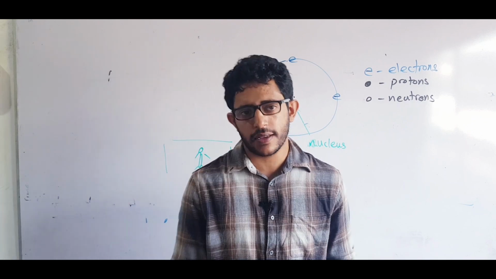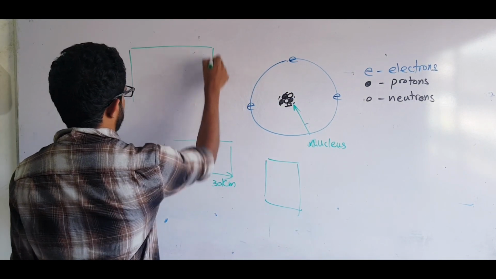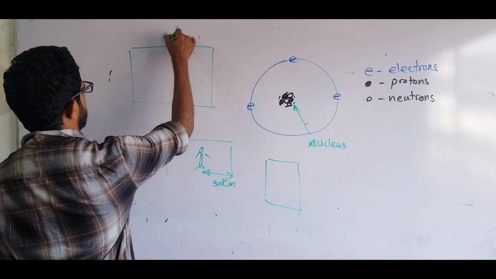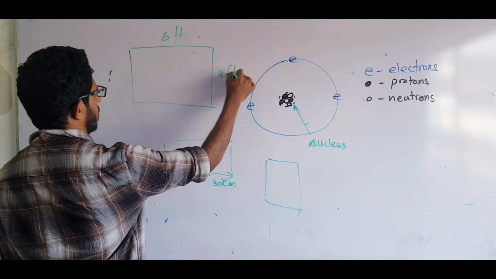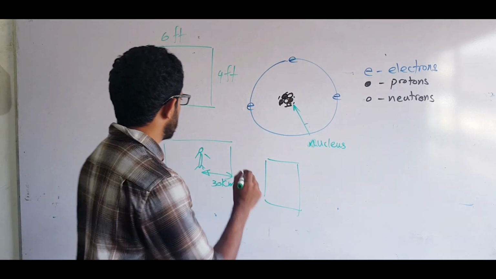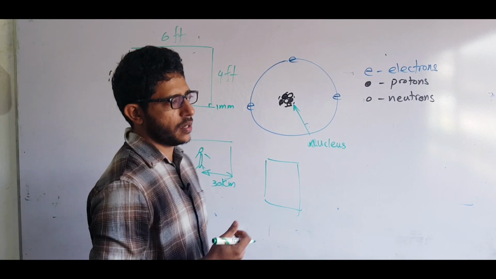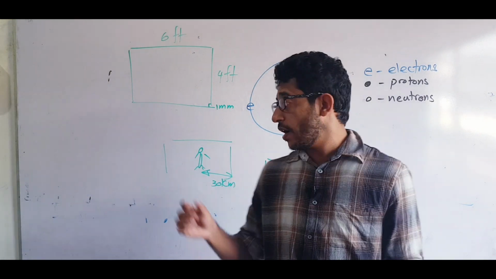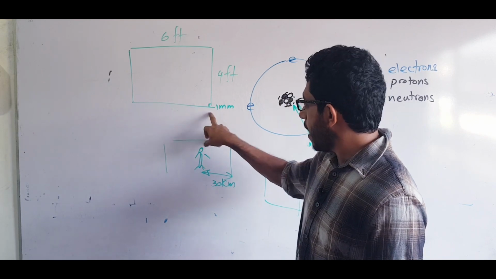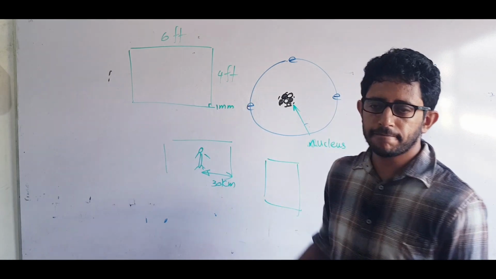I can give you another example. Let us say you have a picture, normally I will say a 6 feet by 4 feet picture frame, and you are dividing it into 1 millimeter small squares, and you enlarge that 1 millimeter to the 6 feet by 4 feet.